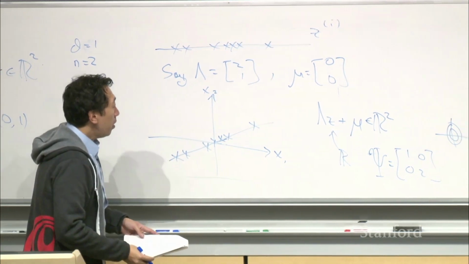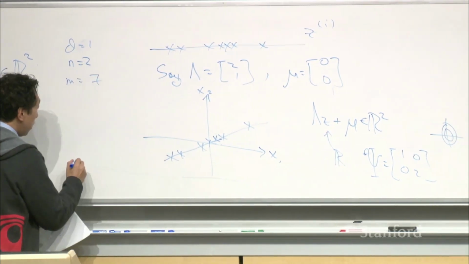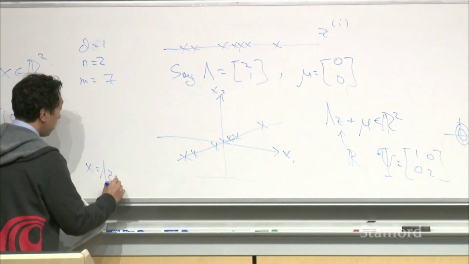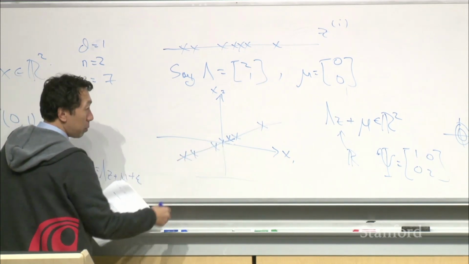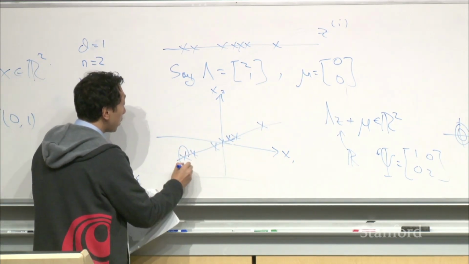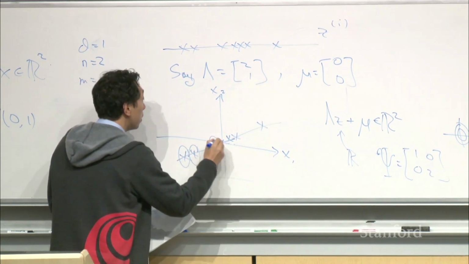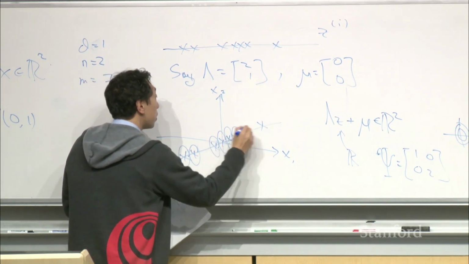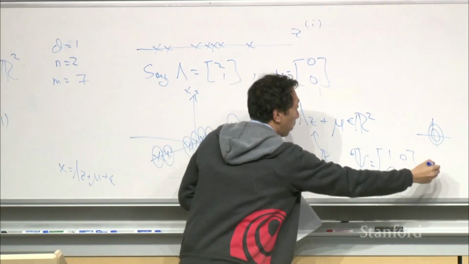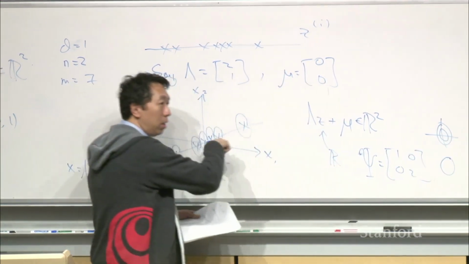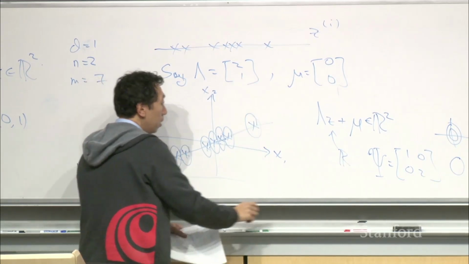And so in the last step, x equals lambda z plus mu plus epsilon. We're going to take each of these points and put a little Gaussian contour on top of it. I'm just drawing one contour, this shape, and putting it on top of each point.